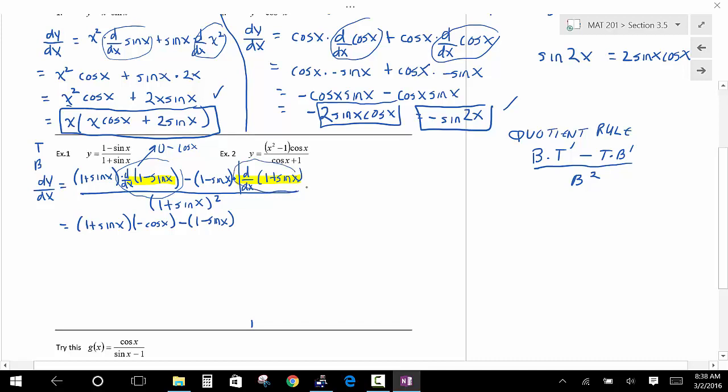So in your head, what's the derivative of 1? 0. What's the derivative of the sine? That would be cosine. So that is going to be replaced with cosine of x, like this. And then I'm going to leave that squared like that. So that's the derivative.